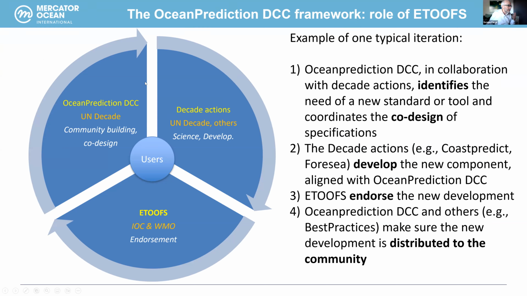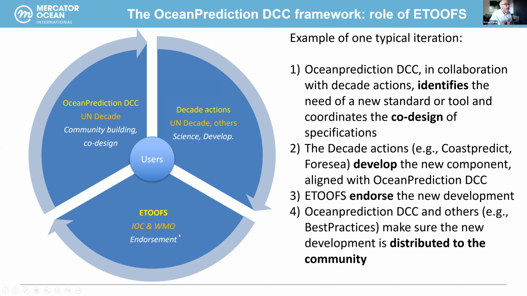So this is how the loop of a standard will be executed. First, the UN Decade programs and actions together with Ocean Prediction DCC, we have the definition. We identify this need of a new standard or tool. Then it is the decade actions, the ones that are in charge of the development of this new concept.